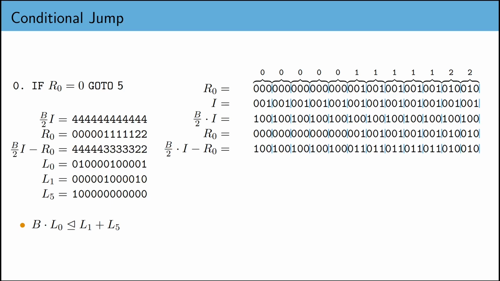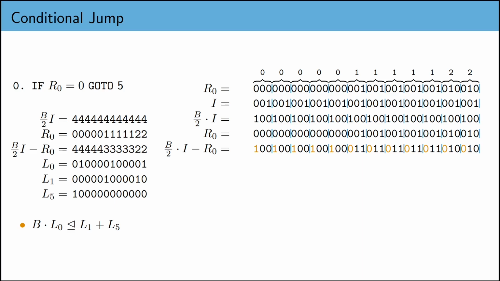So when we do this subtraction, if we look closely at these bits here, they're exactly what we're looking for. In places where R0 was 0, the 4 stayed as it was, leaving a 1 in these bits here. If you look to the left, when we did the subtraction, we're subtracting 0 from the 4's, so they stay as 4's. And on the right, that looks like 100. On the other hand, in places where R0 was larger than 0, we subtracted a positive number from the 4, getting rid of that bit.